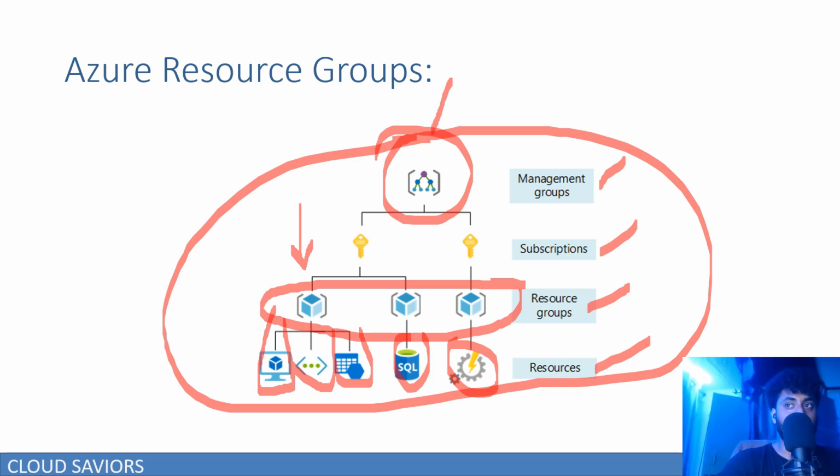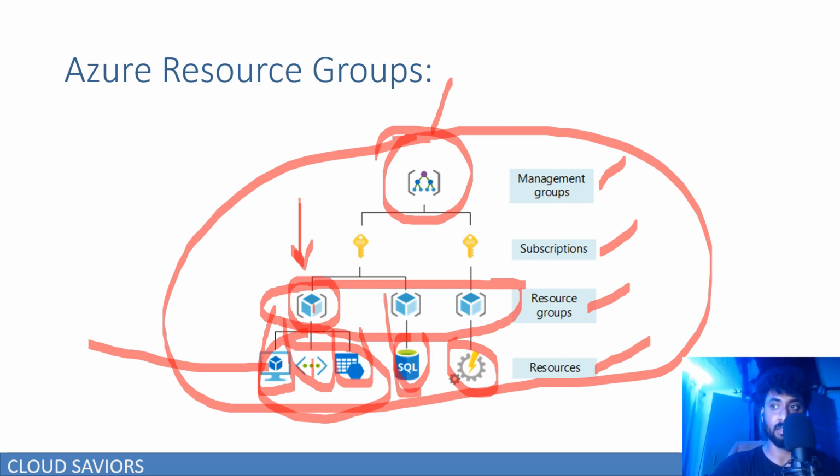No, your RG may be in Central India, but this virtual machine may be in Central US, and this virtual network may be at any other place. So what I'm trying to say is, this is a completely different thing. This RG may be in a different region and your resources may be in different regions, since it is a logical container. Okay, so make sure you remember this.